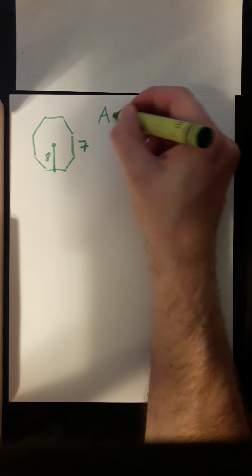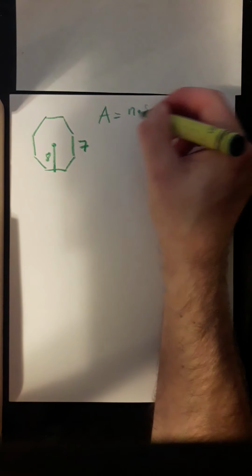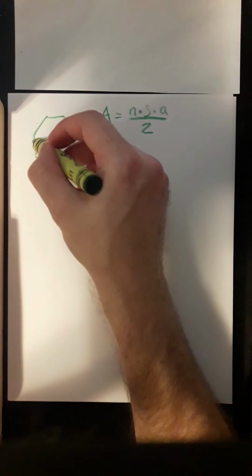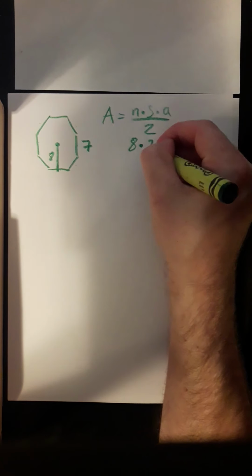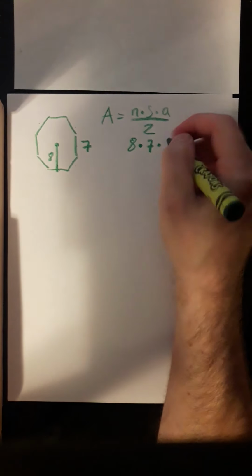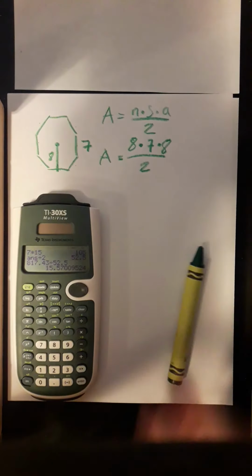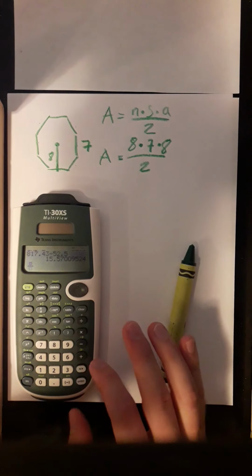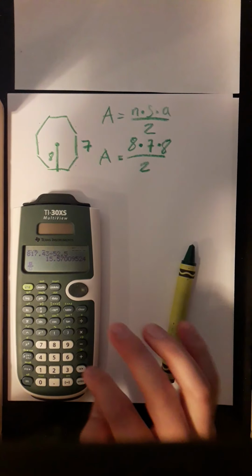We're just going to be filling out this area equals number of sides times the side length times the apothem divided by 2. Well, it's got 1, 2, 3, 4, 5, 6, 7, 8 because it's an octagon, so we have 8 sides. Those sides are 7 long. The apothem is 8 long divided by 2 equals area. Again, you own a calculator or you've downloaded one. I do like the fraction function here. It's a nice little fraction button there, and it just makes an instant fraction, which appeals to me.